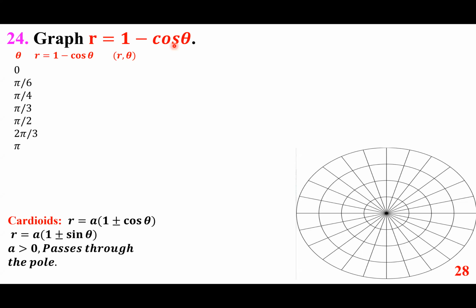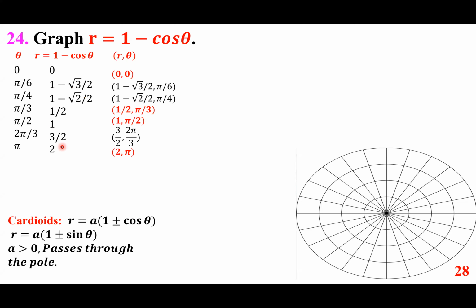Pi over 2, cosine is 0, so that's 1. 2 pi over 3 is the same as pi over 3 but negative, so 1 minus negative 1 half makes it 1 plus 1 half, which is 3 halves. Pi gives 1 minus negative 1, which gives me 2. And those are the pairs.